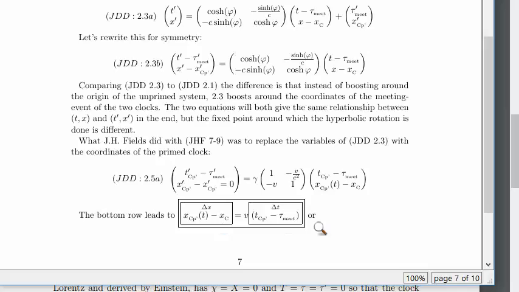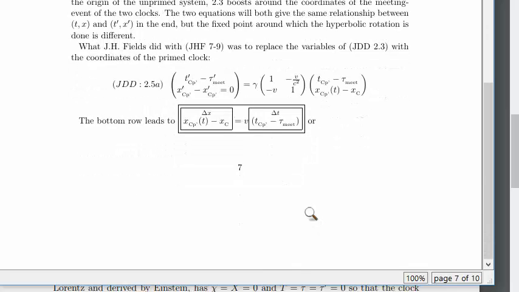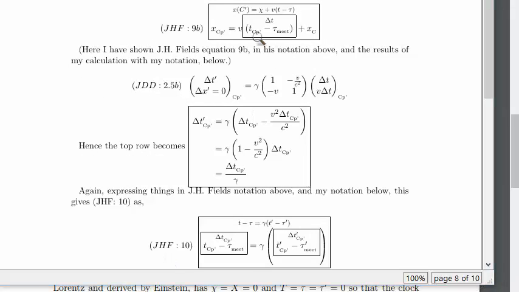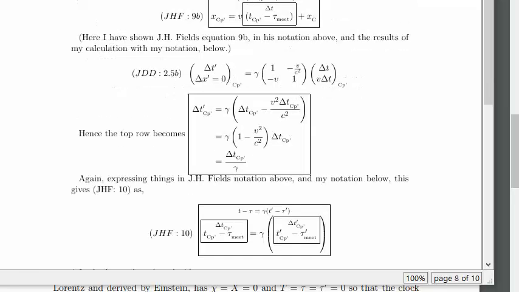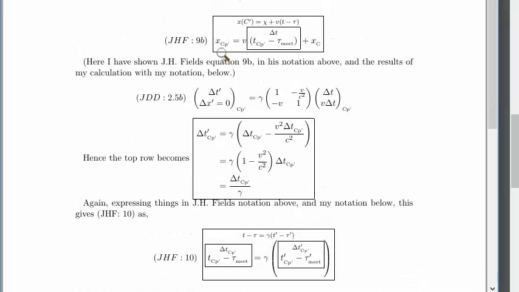The bottom row leads to this, and you can actually solve it, that the x for the primed clock is, of course, the x of the unprimed clock plus v times delta t.